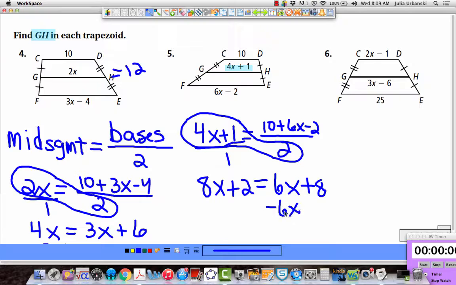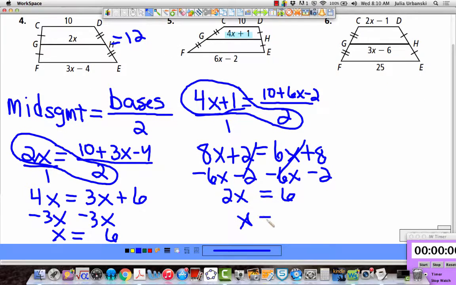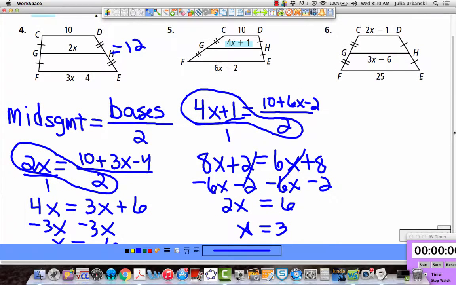Minus 6x on both sides, and minus 2 on both sides. We get 2x equals 6 and x equals 3. How'd you get what? Go back and plug it into GH. Good. So x is 3. 4 times 3 is 12. 12 plus 1 is 13.